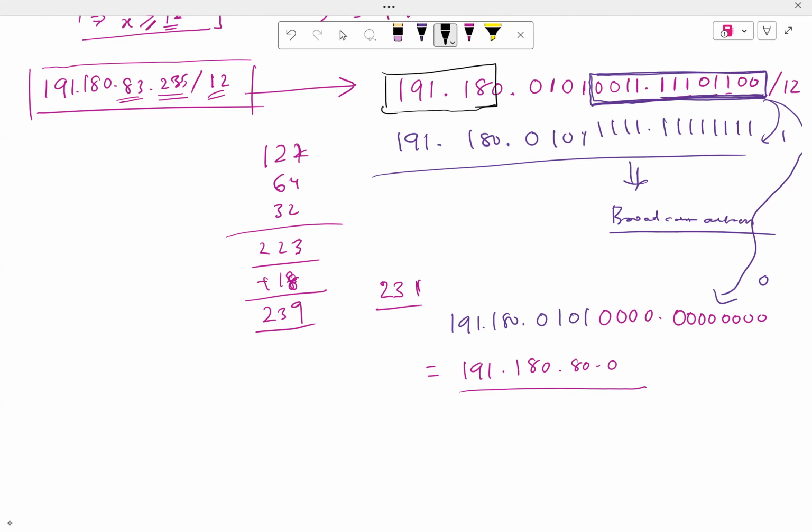Yes, the first 12 bits are used for networking, and the rest are used for host. My bad. So if I convert this 191, it will be 126.